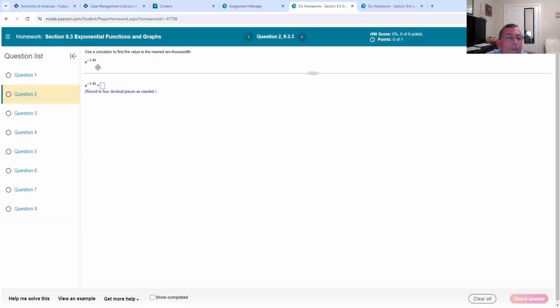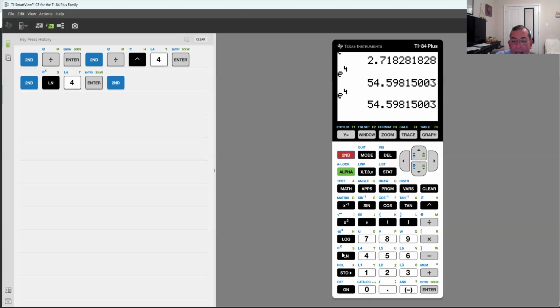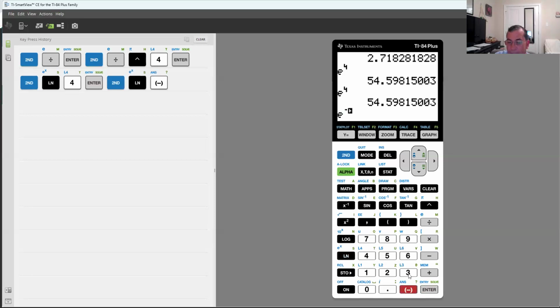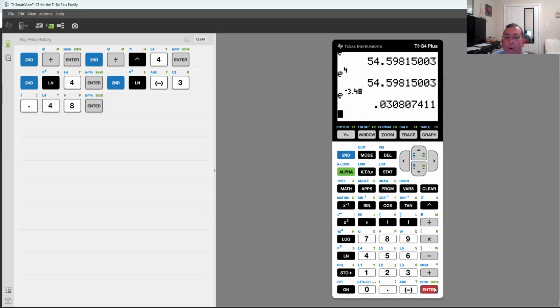And y'all are doing one with a negative exponent. So this is e to the negative 3.48. So y'all go punch that in. And I'm just going to do second LN to get that e with the x. And then put in a negative 3.48. So I'm going to round it off to 4 decimal places.